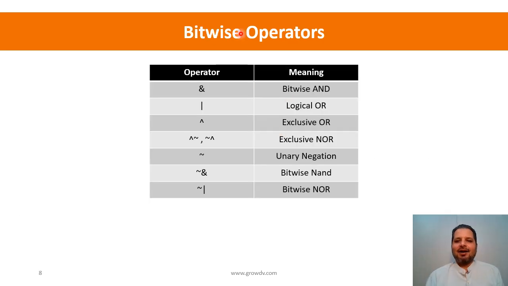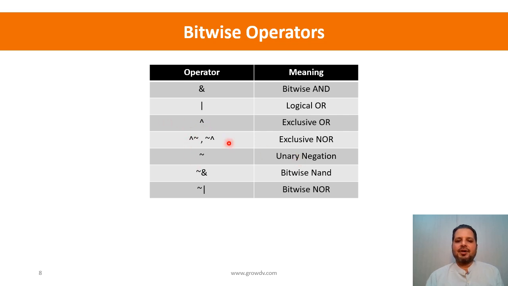Okay, so here we have the bitwise operators. Bitwise operators will perform operation on two vectors that you can specify. It will perform the specified operation on the individual bits and provide the resulting vector. So you can perform bitwise AND, bitwise OR, bitwise exclusive OR, and exclusive NOR can be done by combining unary negation and the exclusive OR.